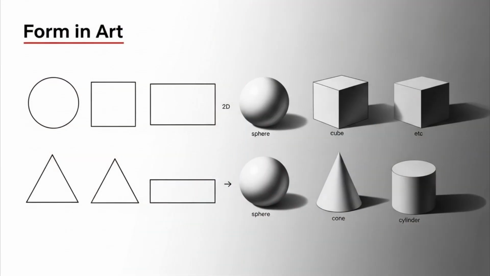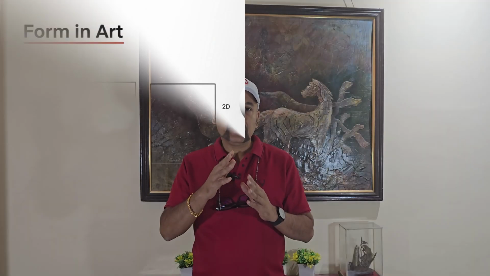Now I'm coming to form. While shape is 2D, form is 3D. It has depth, width and height. Examples include sphere, cube, cone and cylinder. In painting, we suggest form through shading, light and perspective.